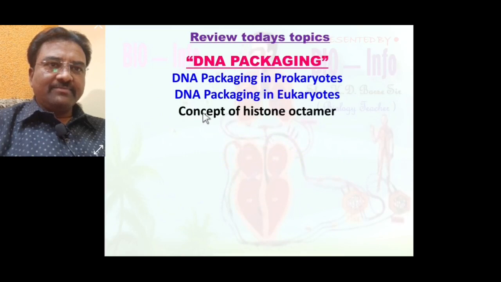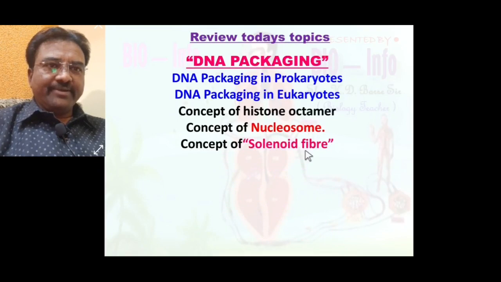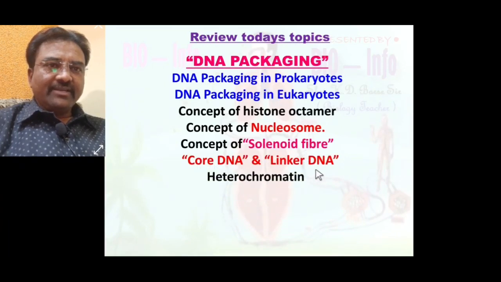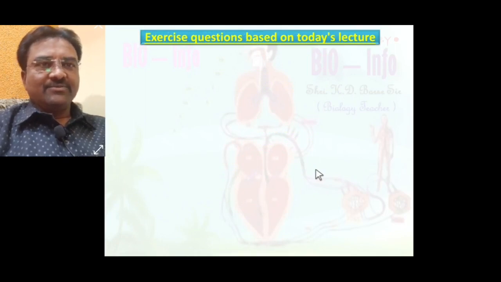In that, the concept of the histone octamer, the concept of the nucleosome, also the concept of the solenoid fiber, core DNA and linker DNA, heterochromatin and euchromatin. On the basis of today's lecture, some exercise questions are noted here.